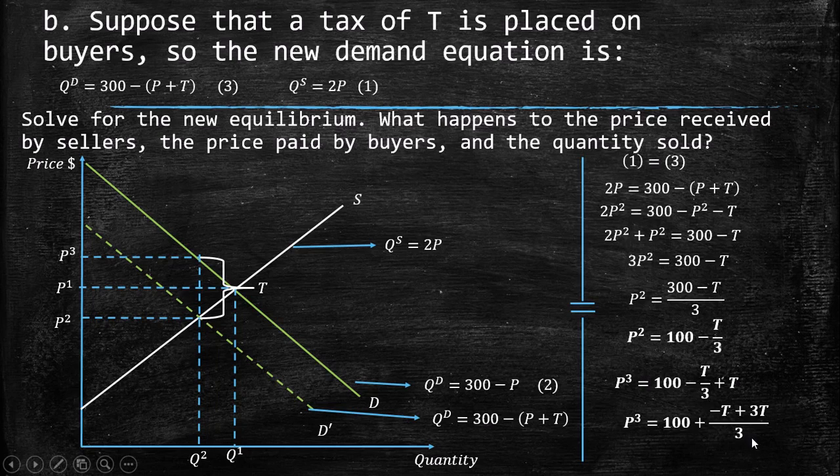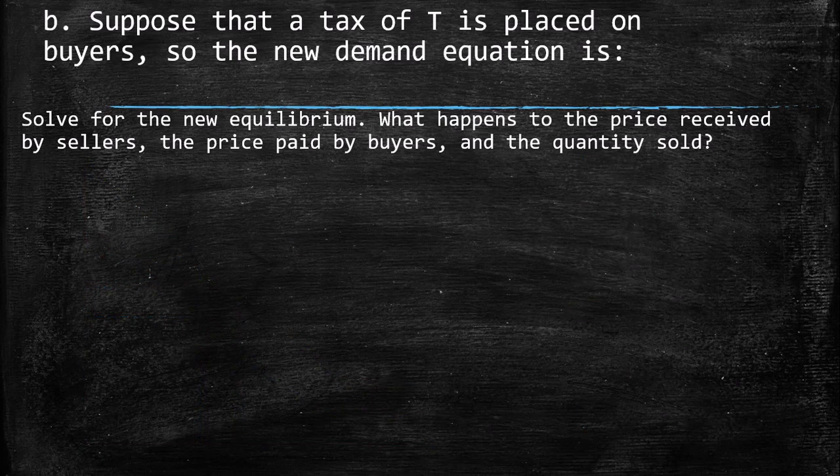The common multiple is going to be 3, so it's 3T minus T. It makes sense because P3 has to be larger than P1, which is 100. So it's going to be 100 plus 2T over 3. Okay, here we have this information.